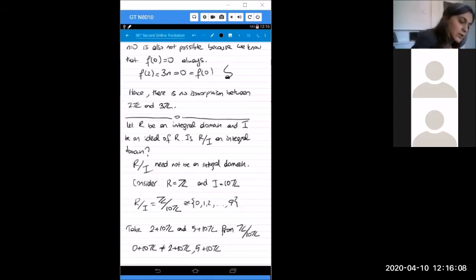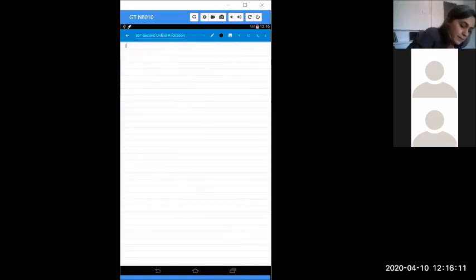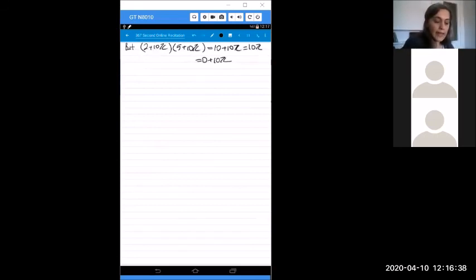So these are two non-zero elements, but 2 plus 10z times, not addition, times 5 plus 10z is nothing but 10 plus 10z, which is equal to 10z. This is 0 plus 10z. So we have two non-zero elements, and if we multiply these two, we get the zero of the ring, the zero of z over 10z.